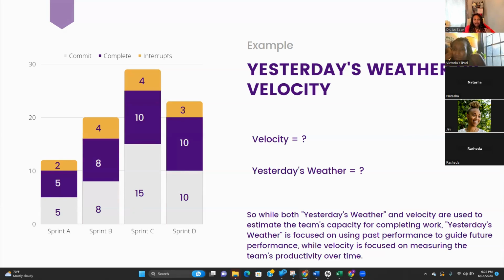So then thinking about yesterday's weather, right? Here are their interrupts. We're about to plan a new sprint. What would you say their yesterday's weather would be for interrupts? You see their velocity is around 8, and just looking at yesterday, what would we say the interrupt is?